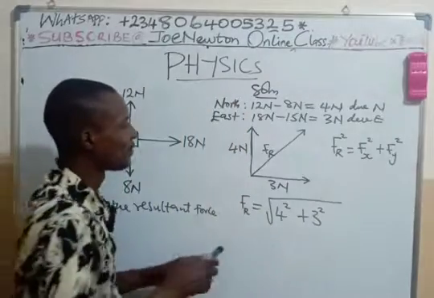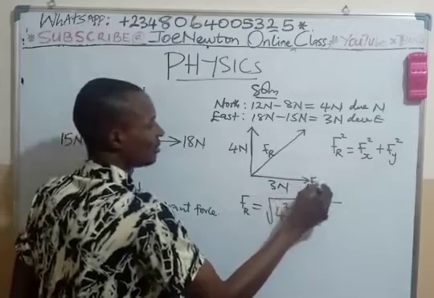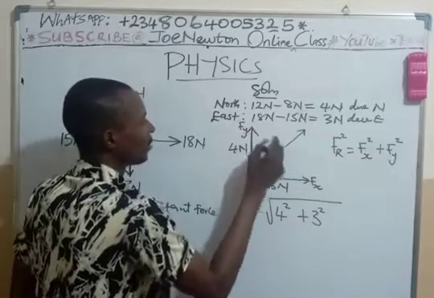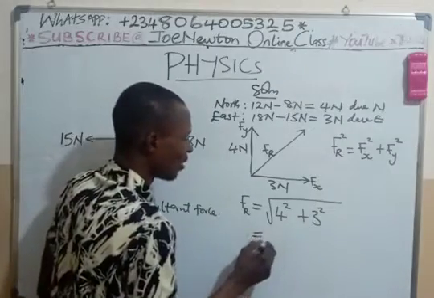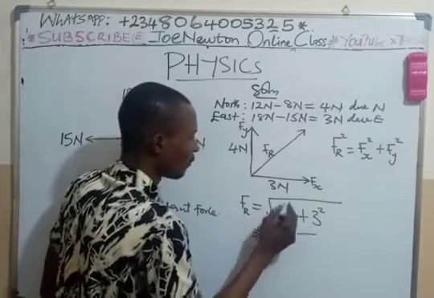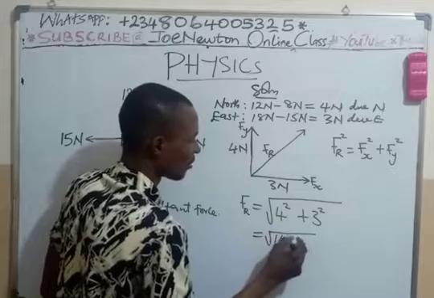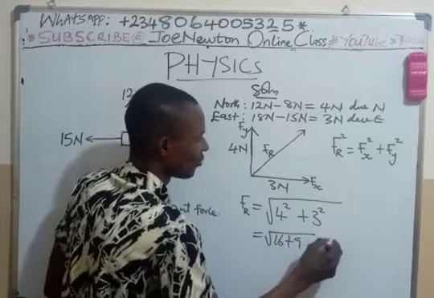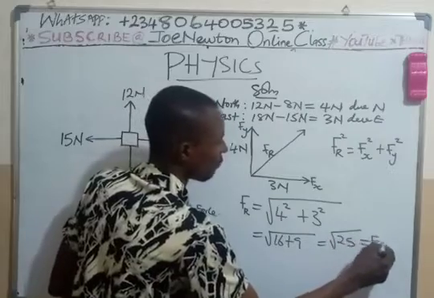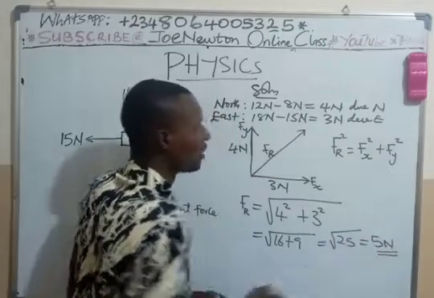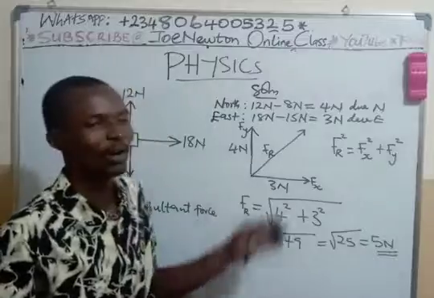This is F in the x direction, this is F in the y direction, and this is F resultant. Quickly, this will give us the square root of 16 plus 9, giving us the square root of 25, which is equal to 5 Newton. So the resultant force here is 5 Newton.